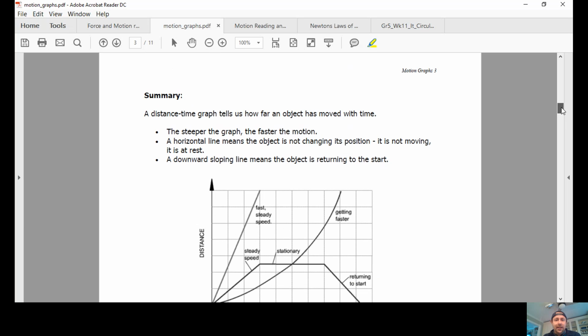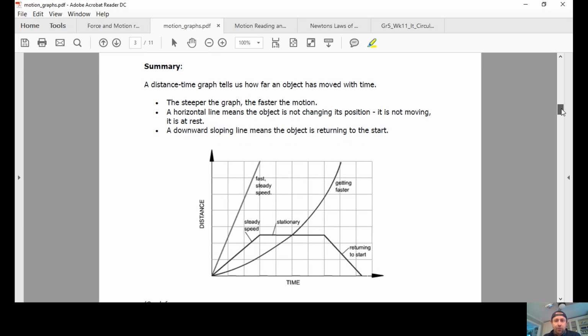So if we're looking at this graph right here below, what we find is, based upon which line you're looking at, here's a fast, steady speed because we're covering a lot of distance in less time. Here's another constant speed right here.